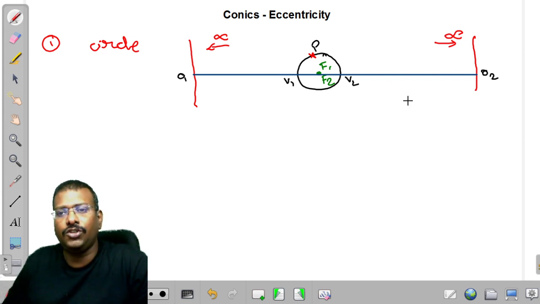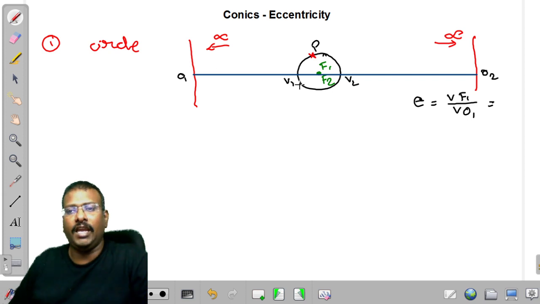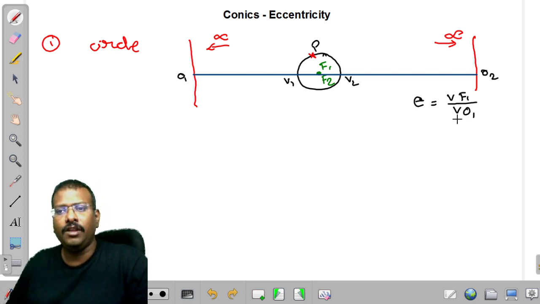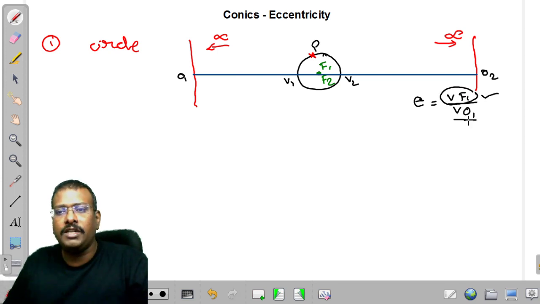So if you consider eccentricity, e is equal to VF1 divided by VO1. Or otherwise we can consider PF1 by PK1, but both are almost the same. Now if you observe, PF1 has a certain value, but the denominator is infinity.